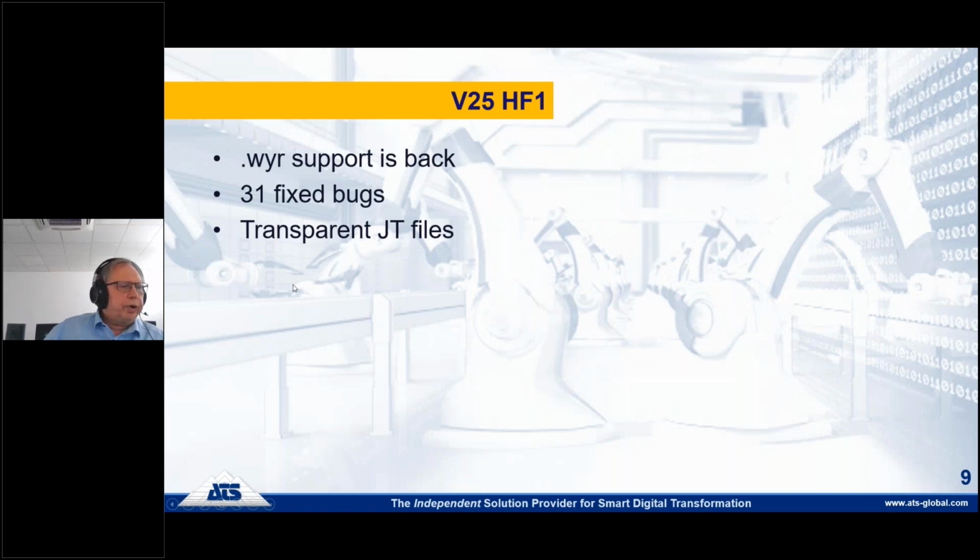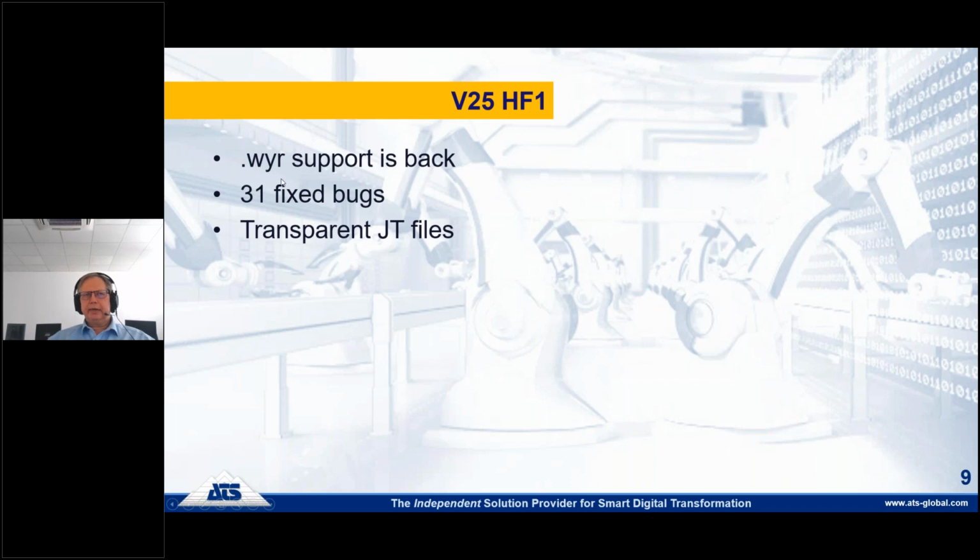Okay, so we are going to release a hotfix already pretty soon. This was to some degree expected if you do such a large change, like changing the complete graphics engine.